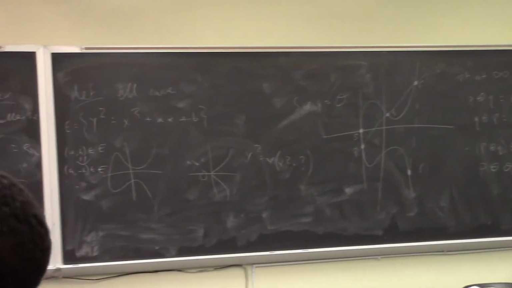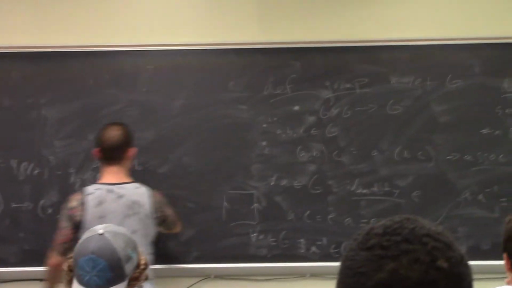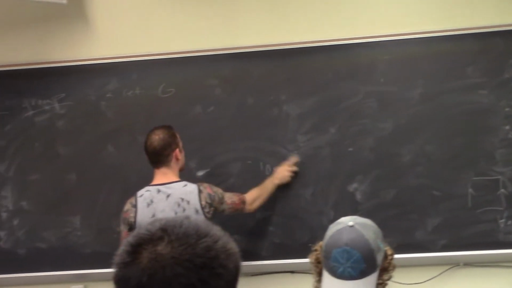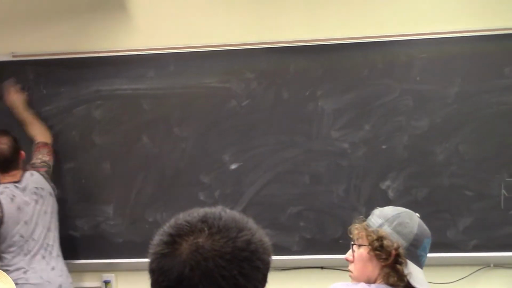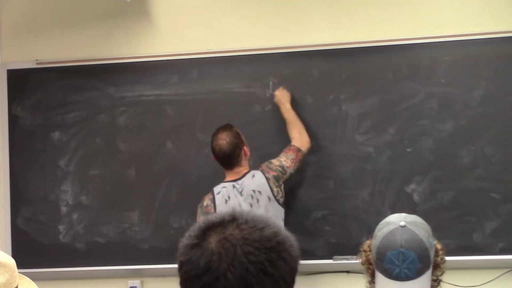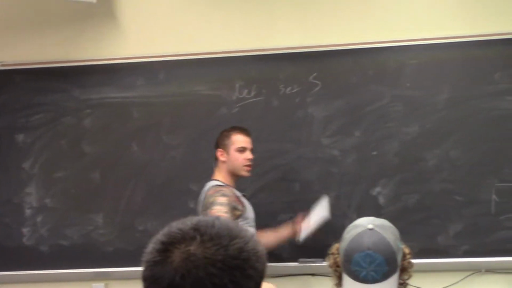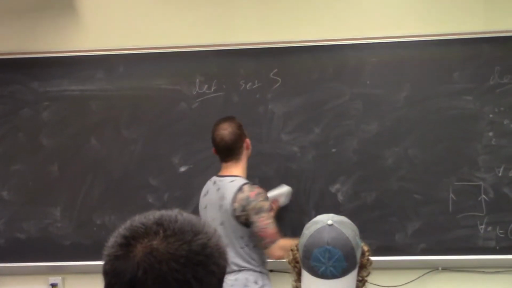So this summer, I wasn't actually studying arithmetic geometry as much as I would have liked to. I was studying arithmetic dynamics, and part of my goal in this talk is to talk about dynamics. So first, I have to define what that means. We're going to start with just a set S. S could be anything you want, but it has to be a set, so it can't be your advisor, right?